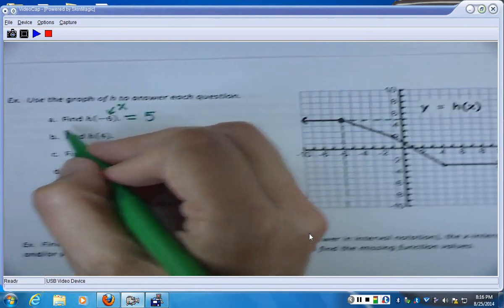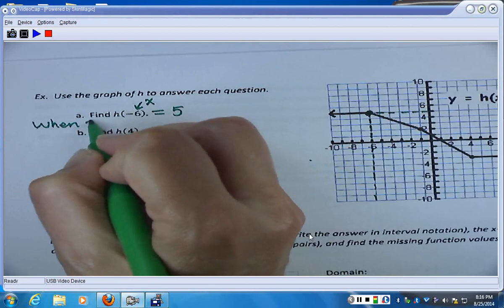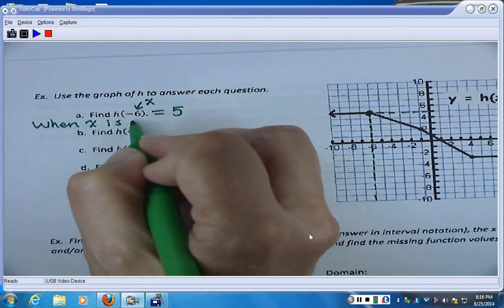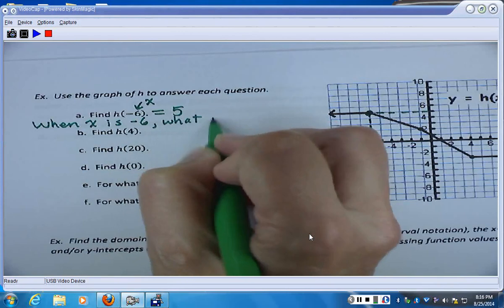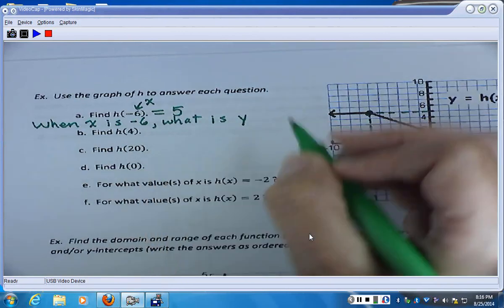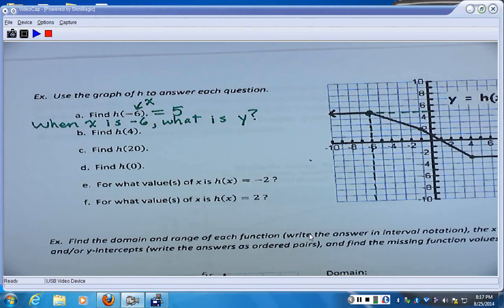So here's what you're asking yourself. When x is -6, what is y? That's what I asked myself to find that.